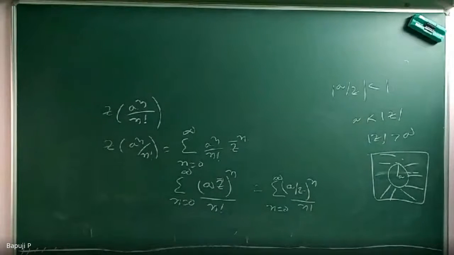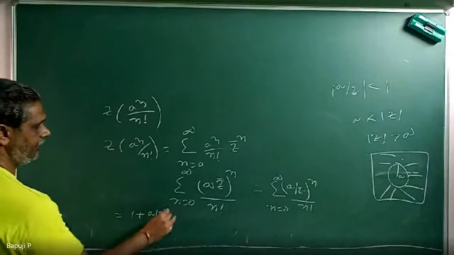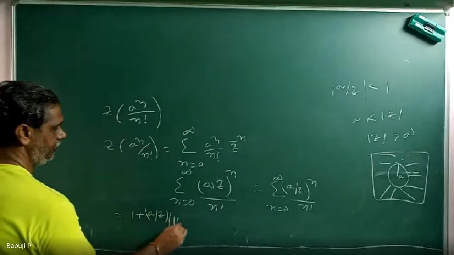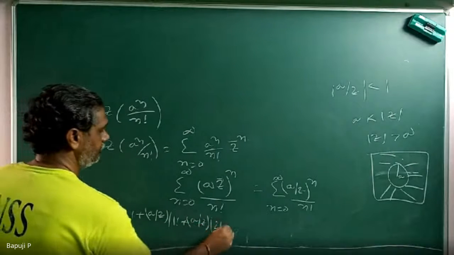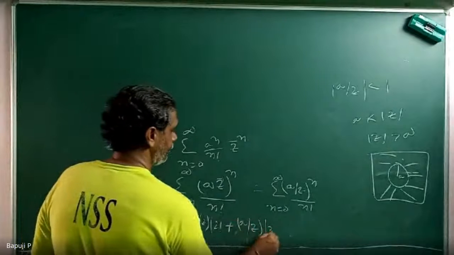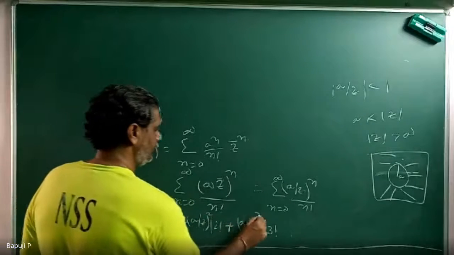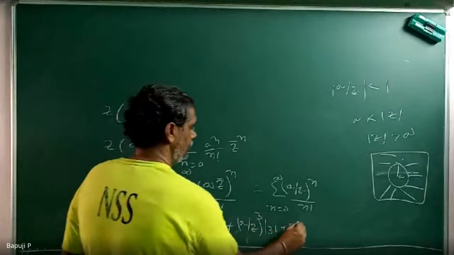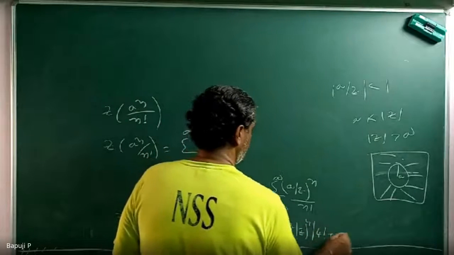Now we can expand and see what we get. N is equal to 0 means what? 1 plus a by z by 1 factorial plus a by z whole power 2 by 2 factorial plus a by z whole power 3 by 3 factorial plus a by z whole power 4 by 4 factorial, and so on.